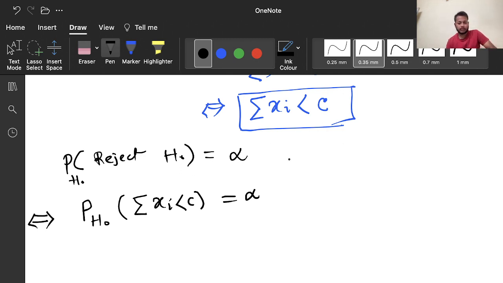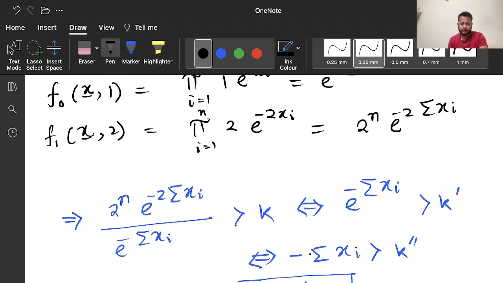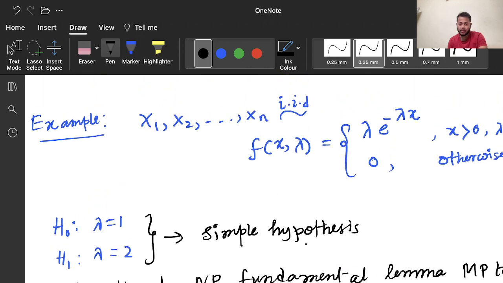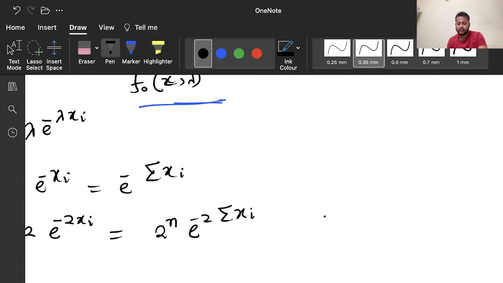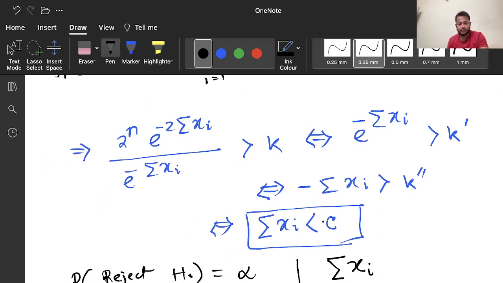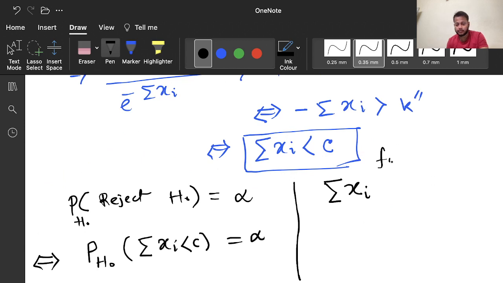Now the sum of, so under the null hypothesis, you see the distribution becomes e to the power minus x for x greater than 0.